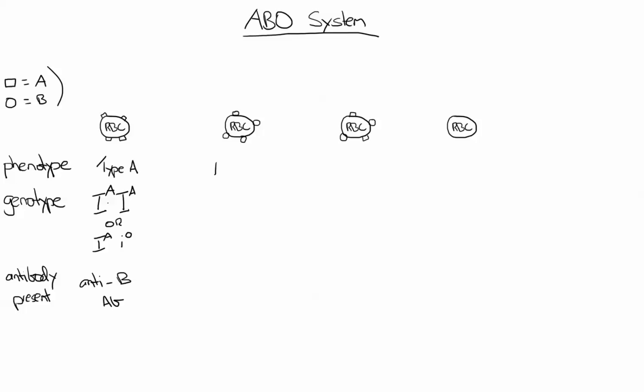This one here is type B, and this is because it has the B molecule on its cell surface. And similarly to type A, the genetic basis of this could be this genotype, or it could be this genotype. And again, this is because of the principle of codominance.